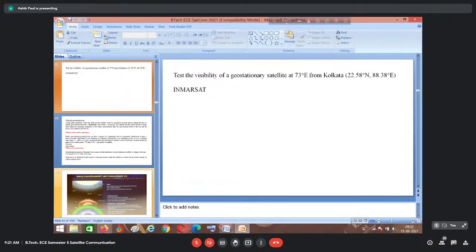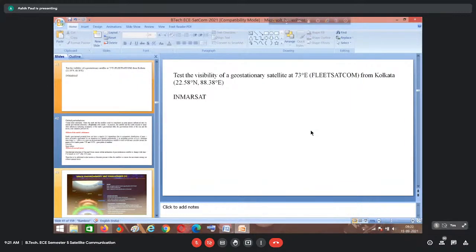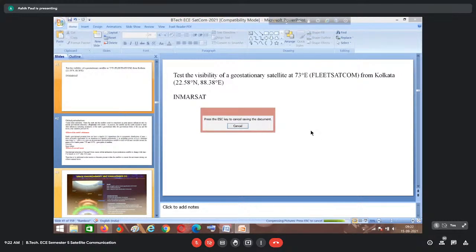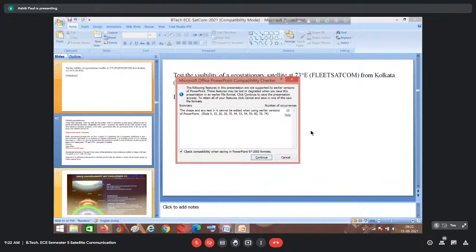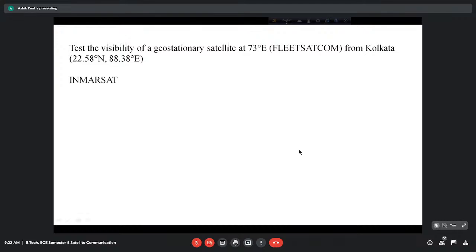This satellite at 73 degree east from Kolkata. So, could you please test the visibility of this satellite from Kolkata? That means whether its signals could be tracked or not from Kolkata. Please check.